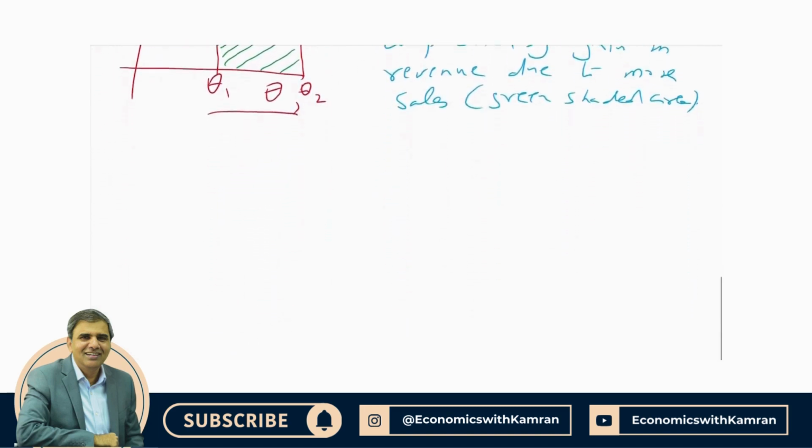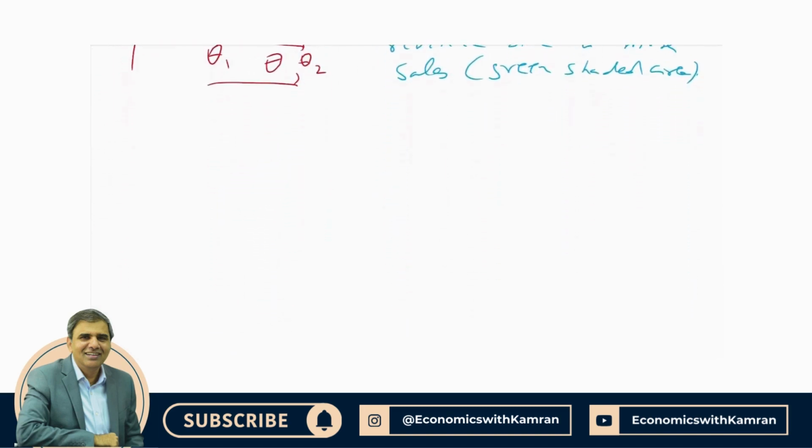PED can also help us decide, PED can also determine the level of production for goods or for phones. Actually, we can use the word phones here because the question is about smartphones.